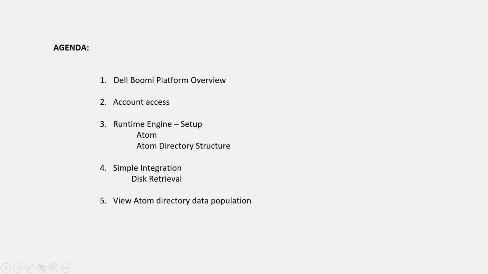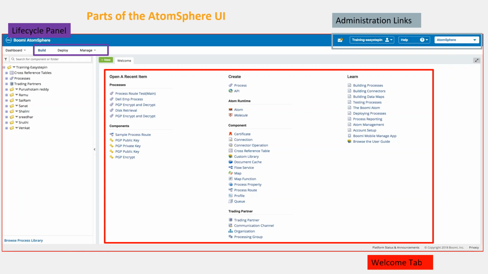Right? So as discussed, we have gone through the overview of the Dell Boomi platform, provided account access, set up the runtime engine, the atom, and seen the atom directory structure. We did a small integration by connecting to disk and retrieving files out of it, and we also saw how the atom directory data has been populated on executing the process, right? As discussed, these are the parts of the Atomsphere UI.